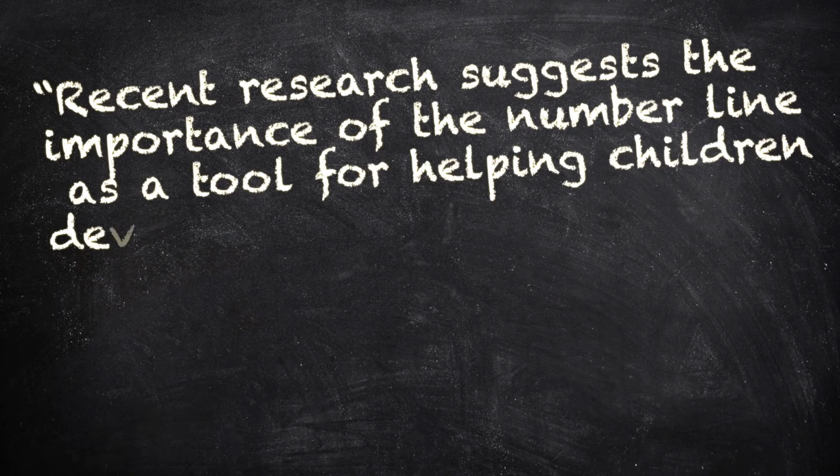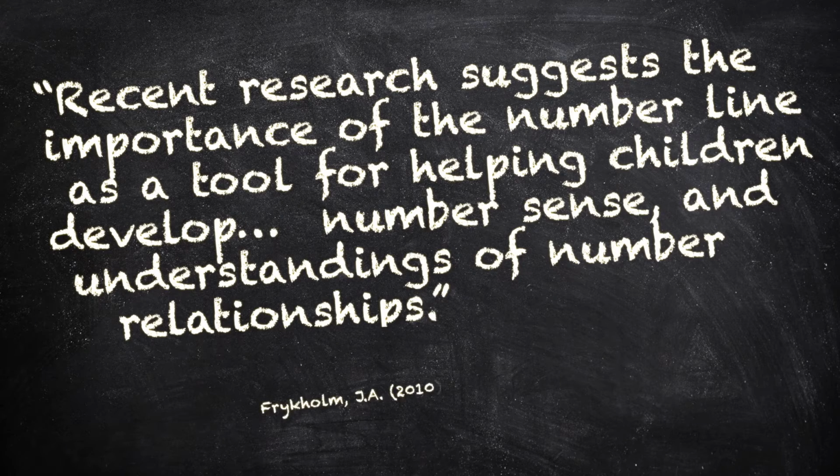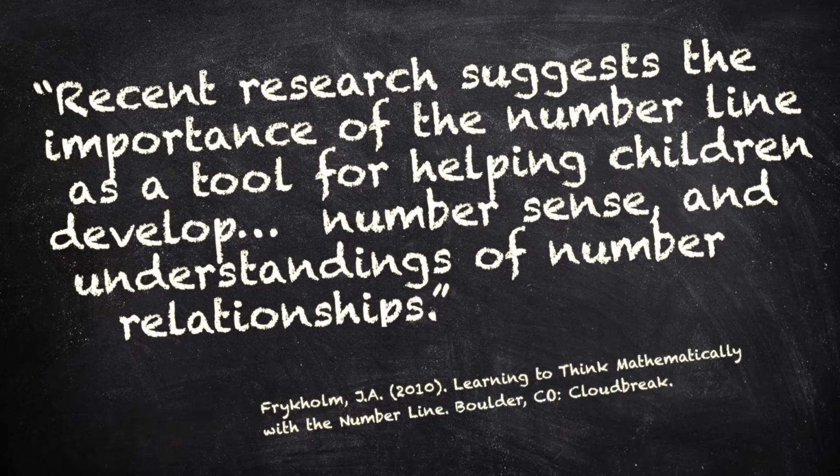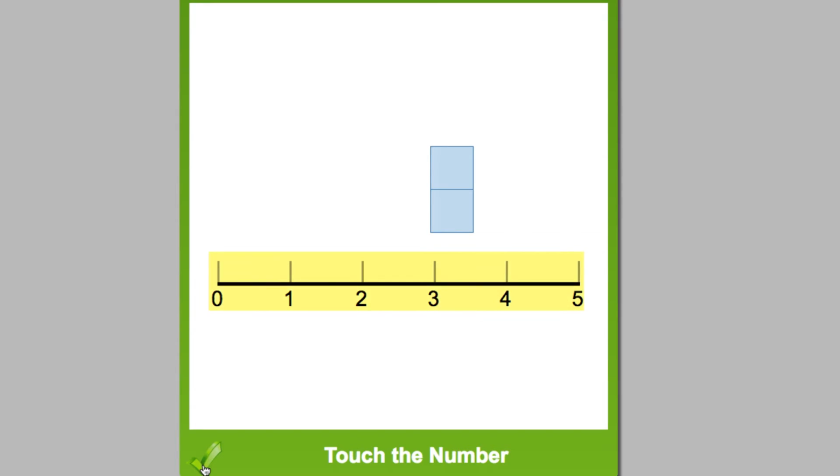Recent research suggests the importance of the number line as a tool for helping students develop a strong sense of numbers and the understanding of number relationships. The number line is also featured prominently in the Common Core State Standards as a visual model and a tool to help students solve problems.